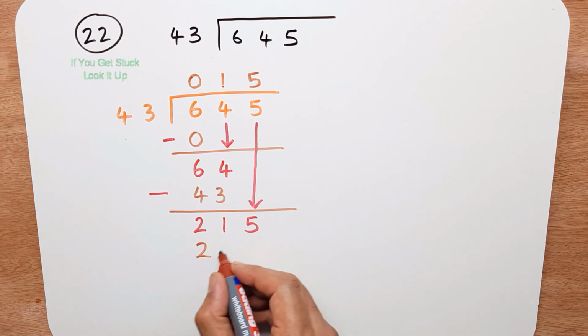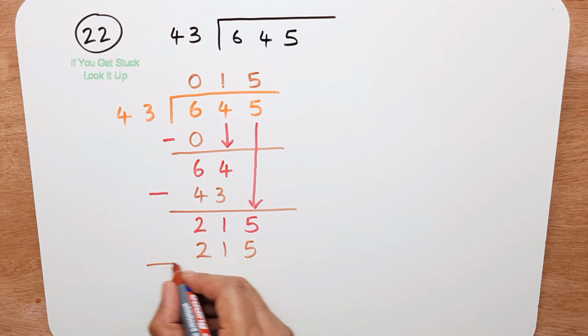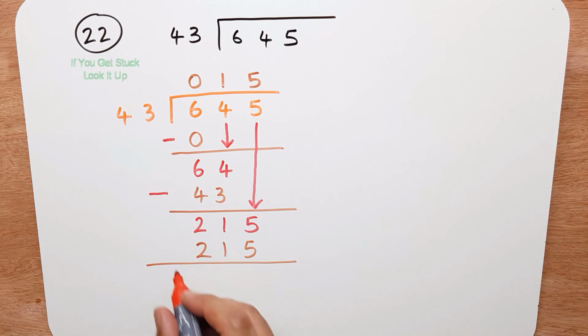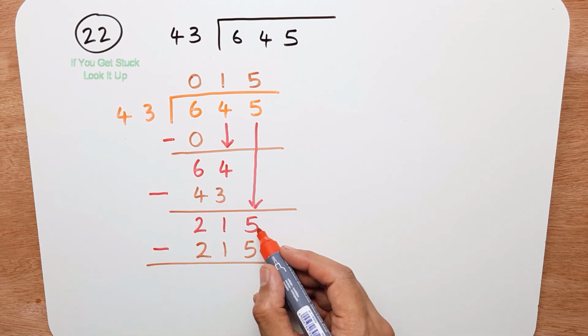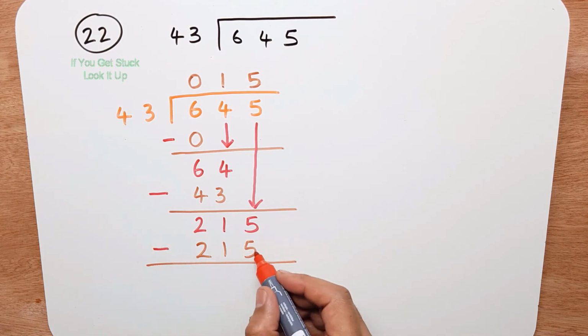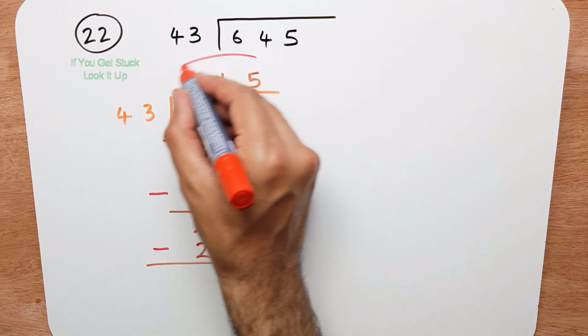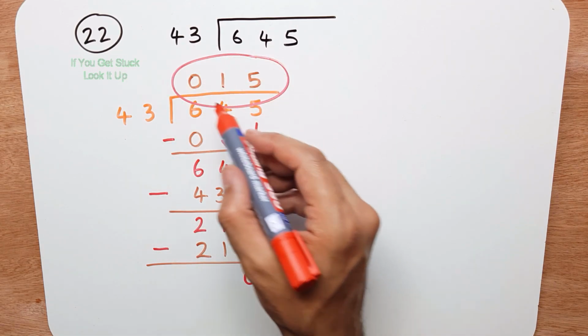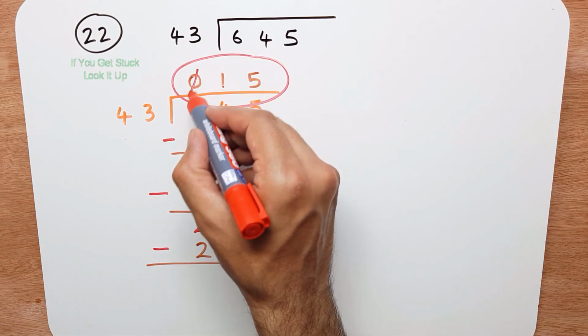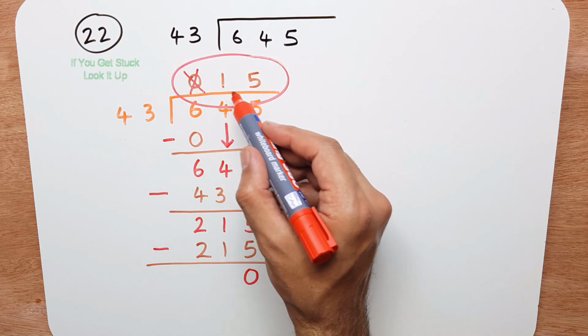So I'm going to write that here. And as before, we simply subtract the two. So 215 take away 215 is 0. And that's our remainder. And as before, our answer is 0, 1, 5. We can ignore the leading zeros, so our answer is 15.